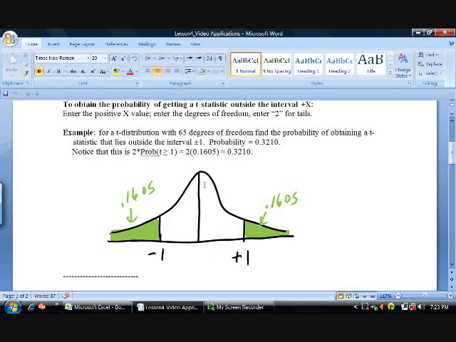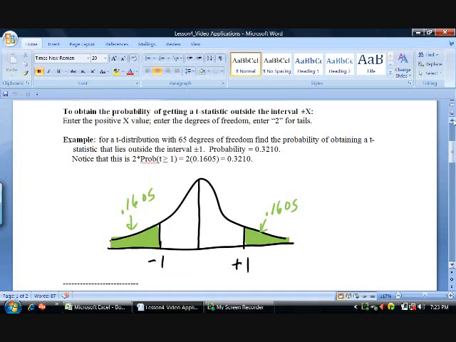So 32% total. I split it up here in the diagram into 16 and 16%, but 32% chance total. That's how you do the t-distribution in Excel.